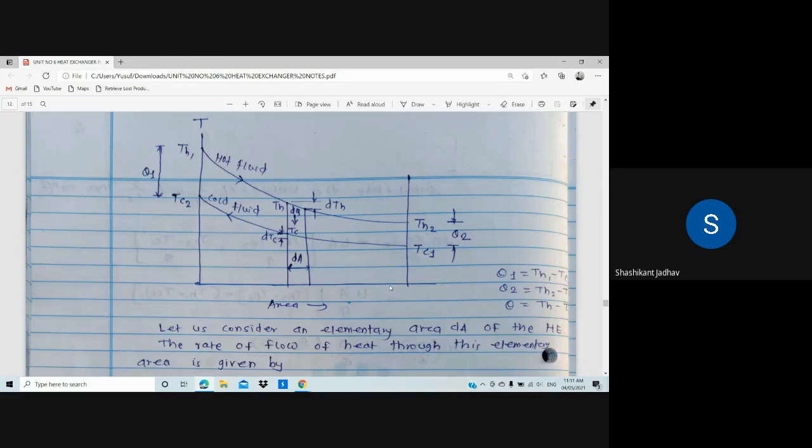Let us consider an elementary area DA of the heat exchanger.